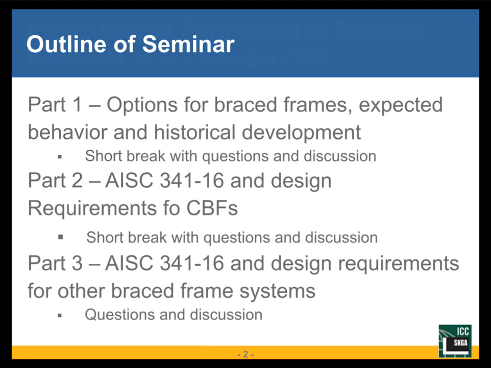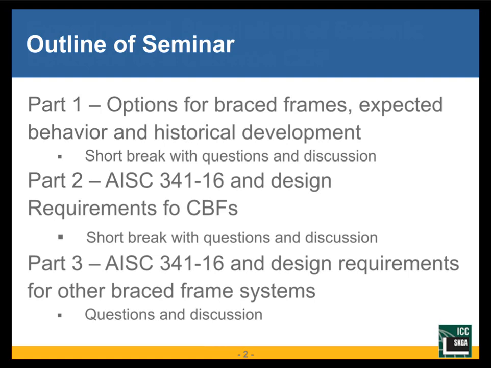I think this is kind of important because AISC 341-16 provides the seismic design provisions, which are basically the capacity design provisions for each of these systems. I think the provisions are somewhat like cookbooks, and as all of us know, they're rather complex at times, and sometimes cookbooks lead to bad recipes.